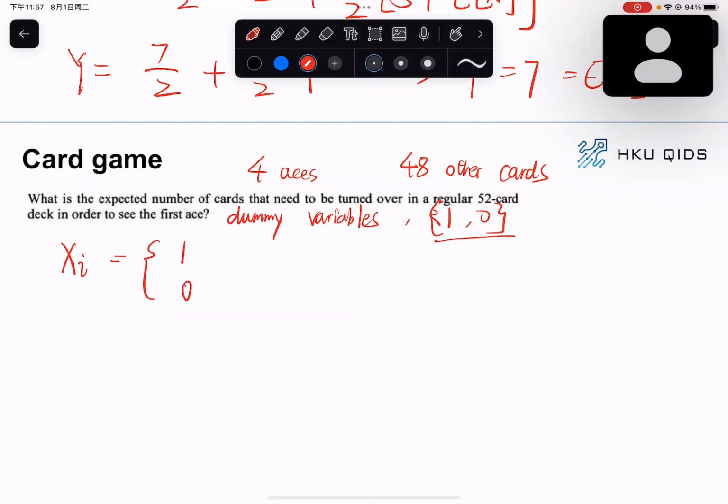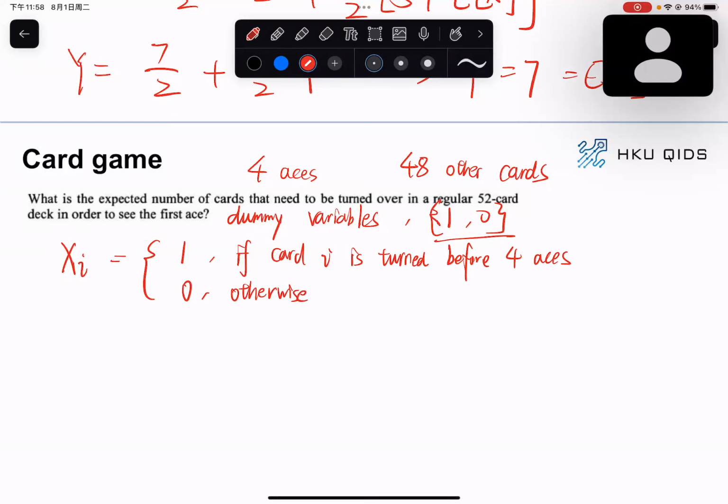So this is going to be 1 if the card i is turned before the 4 aces, okay? And otherwise it will be 0. And then the total number of the cards that need to be turned in order to see the first ace is what? Is x plus 1, because this is the number where the first ace is turned.